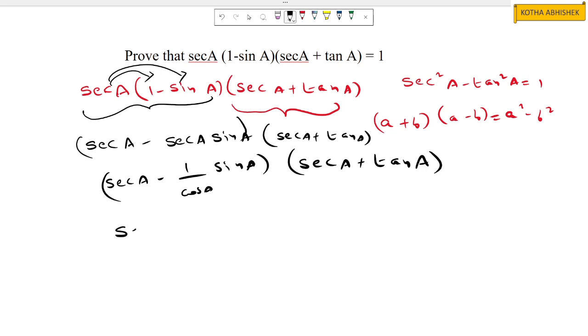Now here sec A as it is minus 1 into sin A is sin A, right? So sin A by cos A, which is tan A, times sec A plus tan A as it is.